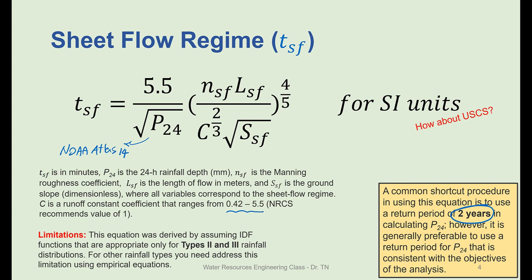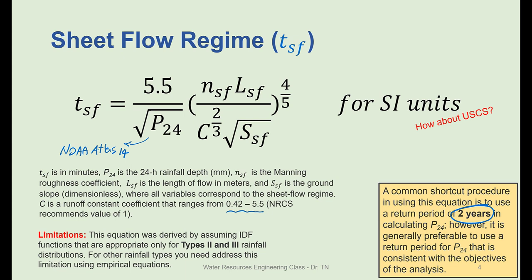NRCS recommends the value of 1, and if you take a look at the equation, you can tell that whenever C increases, time decreases, because it's in the denominator of that fraction.